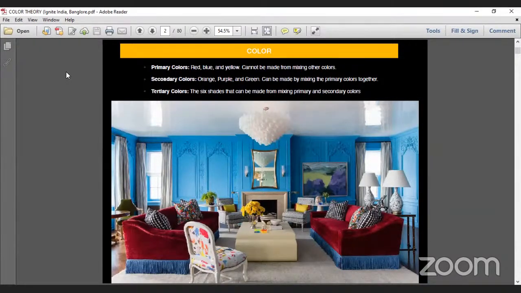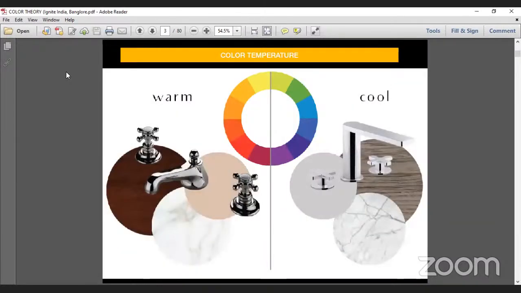So these are the 3 kinds of colors that we have. Now the other thing we need to look at is, when we arrange all these colors in a color wheel, what are the warm colors that give you a sense of warmth, and what are the cool colors? We will have a quick look at this aspect as well.